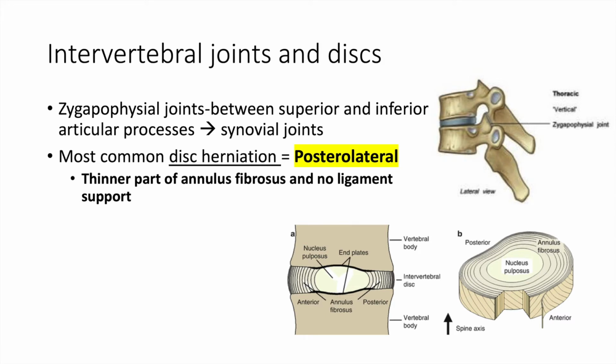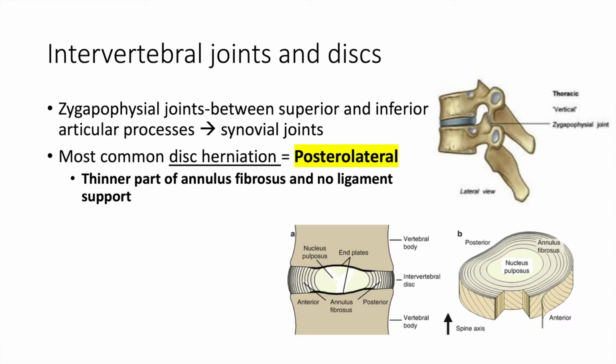Now, many of you have probably heard of herniations. The most common disc herniation is posterior lateral. So it's posterior, so back, and lateral to the side. One of the students from boot camp called it sort of southeast or southwest.